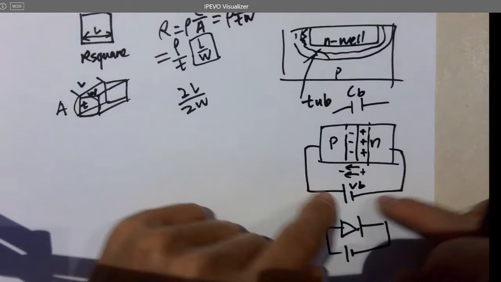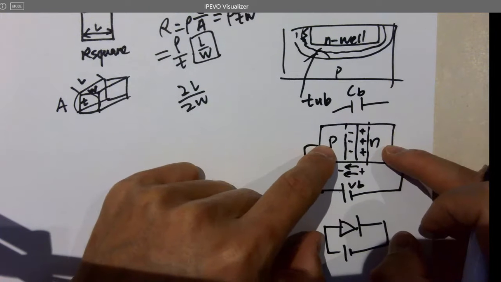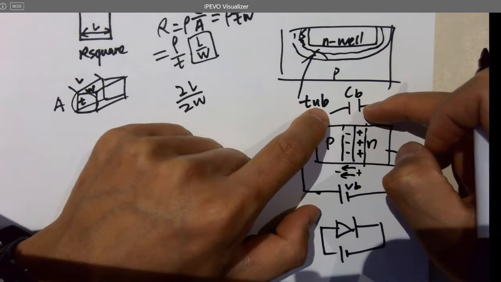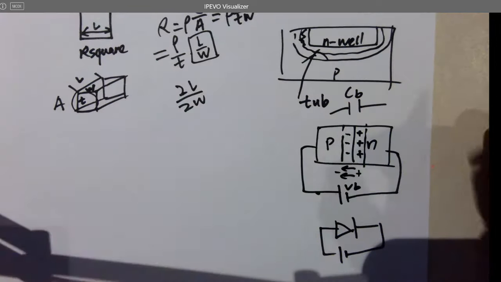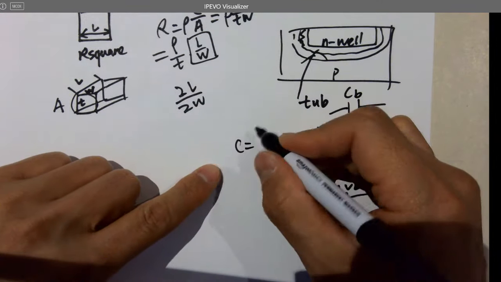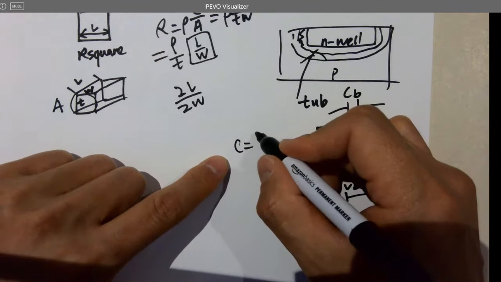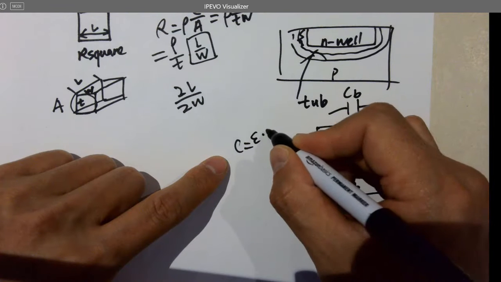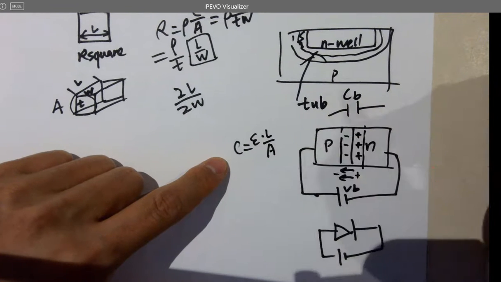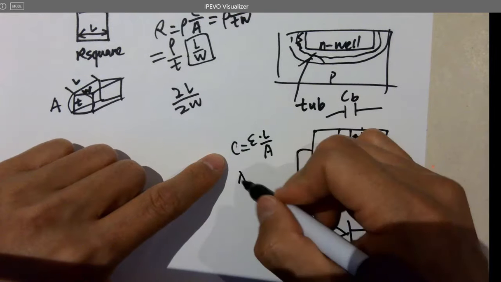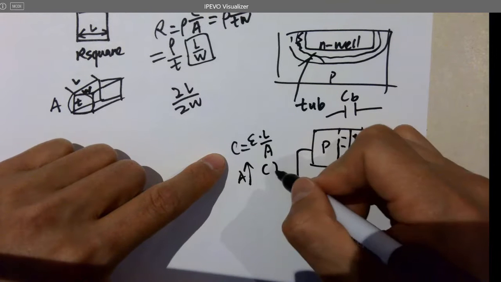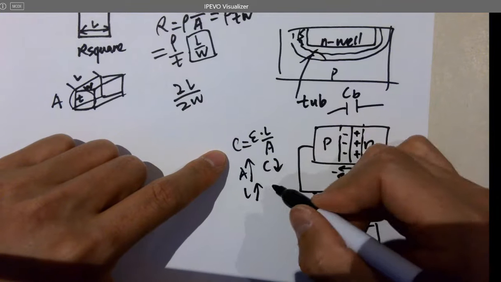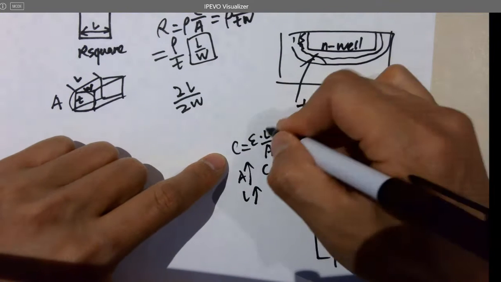Whenever you forward bias it, are you getting a larger capacitor or smaller capacitor? So C equals sigma times A over D, right?